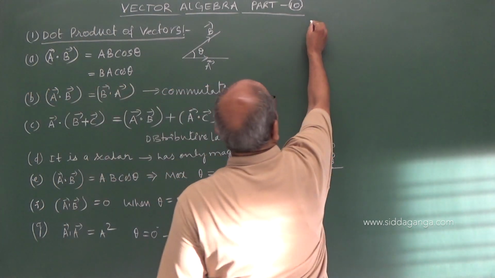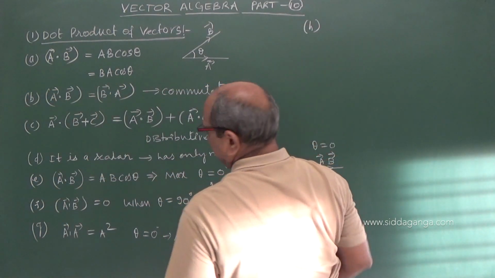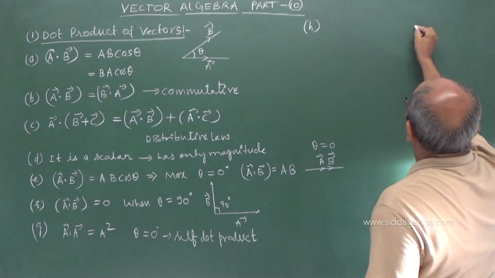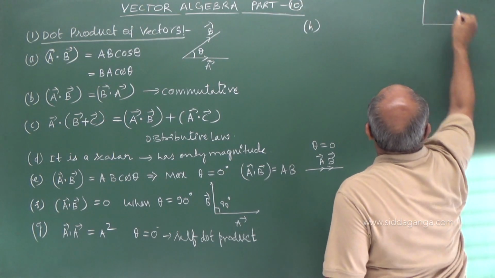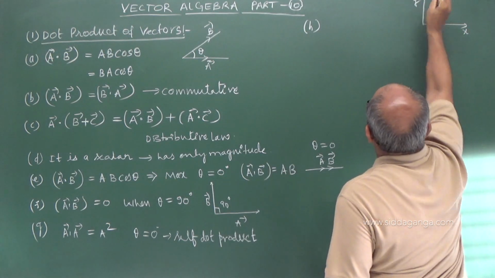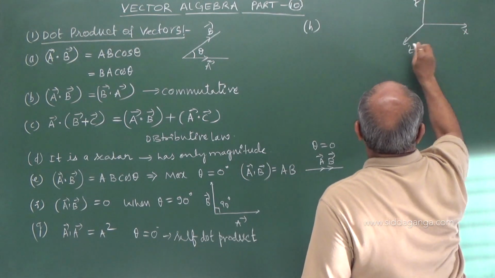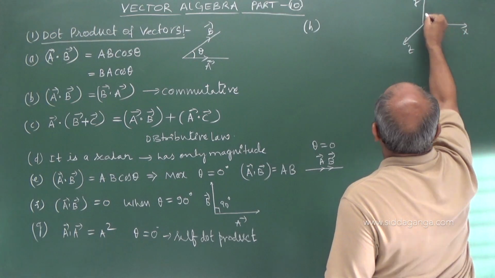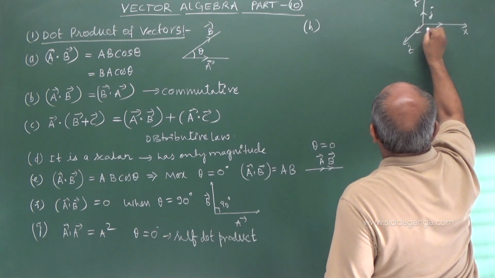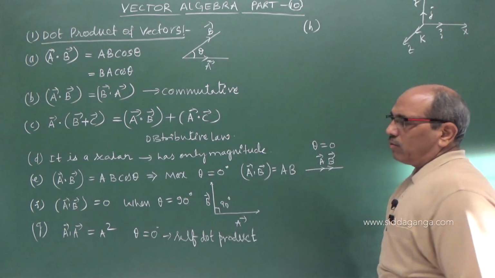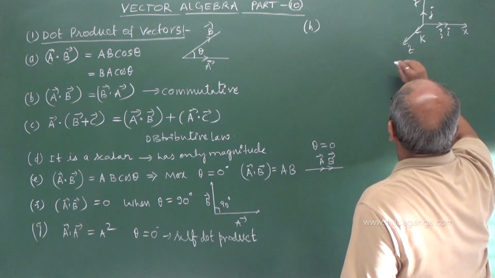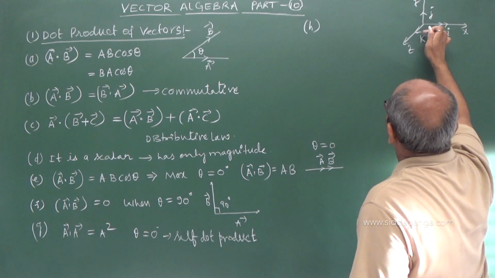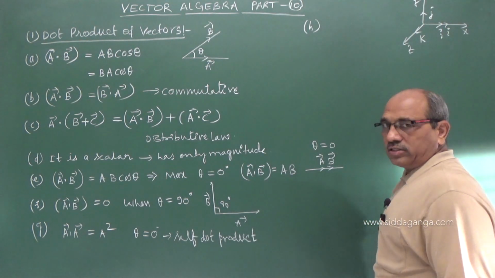Coming now to the orthogonal vectors, we have taken x, y and z axes. These are i, j and k. What is the angle between i and i? It is 0, j to j is 0, k to k is 0. They are unit vectors.